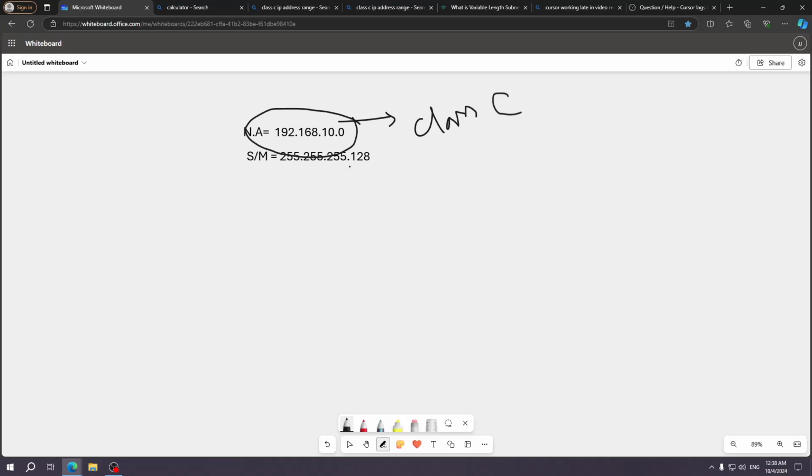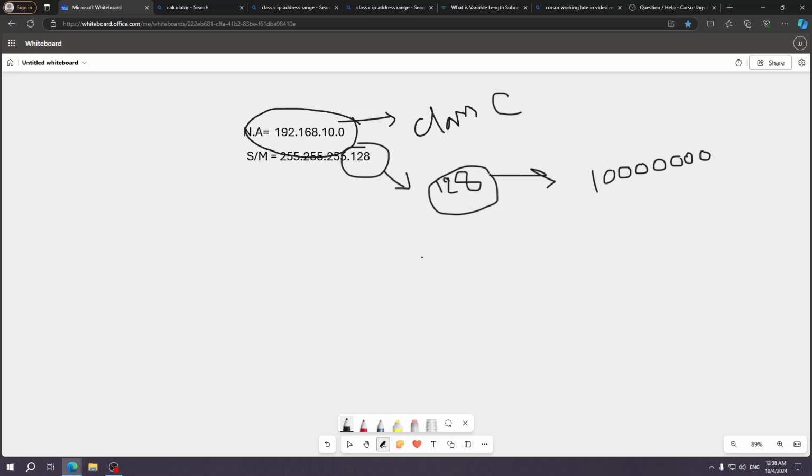Then we have the subnet mask where the last octet is 128. What is the binary of 128? We need to find that out. The binary of 128 is 1 and 7 zeros. So the first digit is 1 and the others are 0.